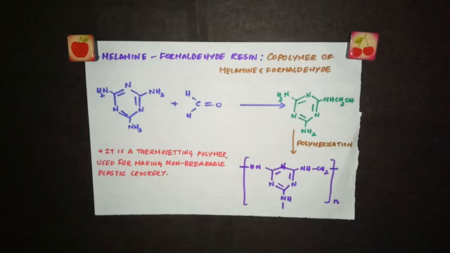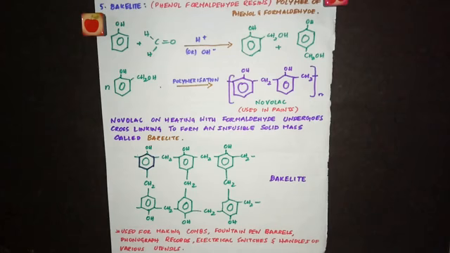Now the last condensation polymer is bakelite. We just saw melamine polymer is a copolymer of melamine and formaldehyde. Just like that, bakelite is a polymer of phenol and formaldehyde. This polymer was first prepared by Baekeland, an American chemist, so he gave this name bakelite.